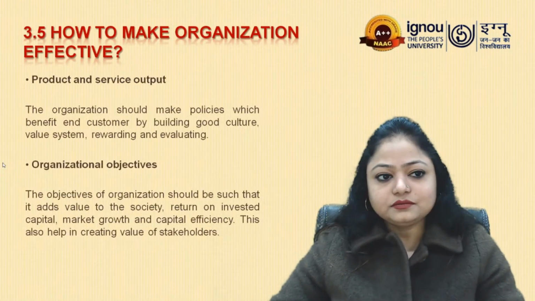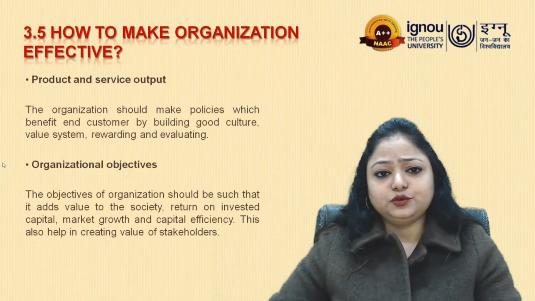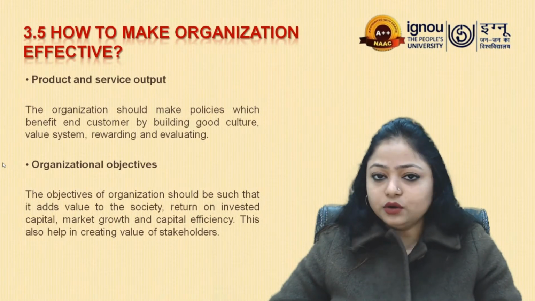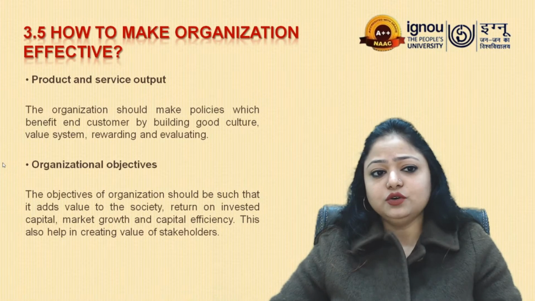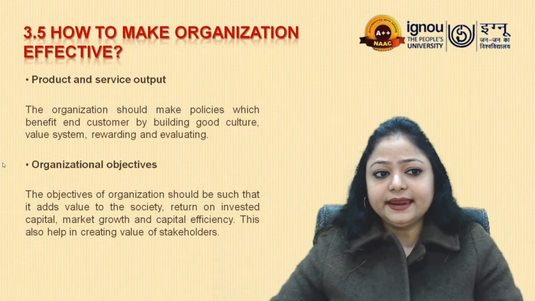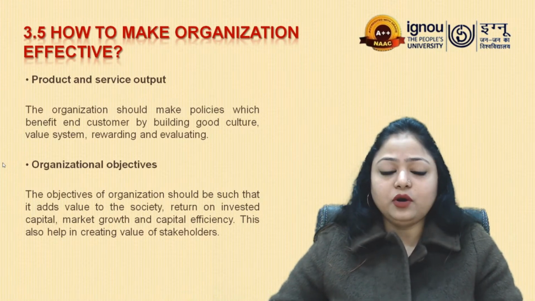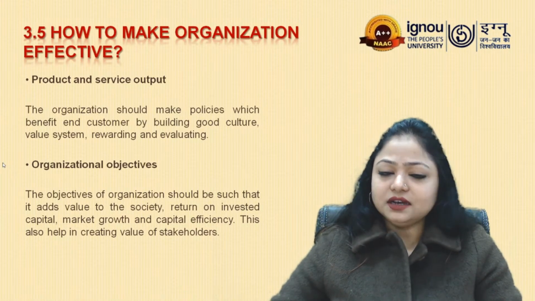Okay. Then product and service output. Ultimately the goal of the organization and each and every effort taken by human resources is towards having the desired product quality and service output.